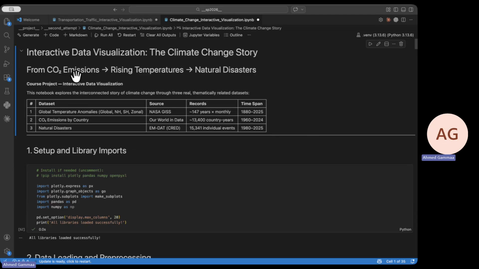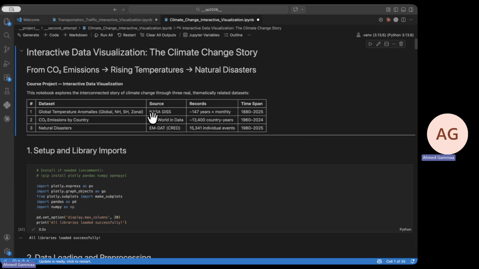Those emissions cause global temperature rising, and the rising temperature causes natural disasters to increase in both frequency and intensity, or severity. So to tell this story, I use three data sets from authoritative data sources.